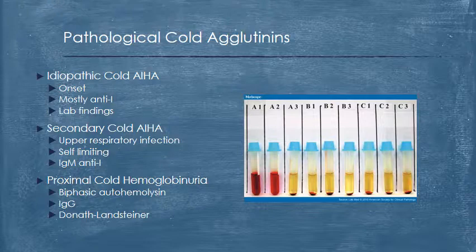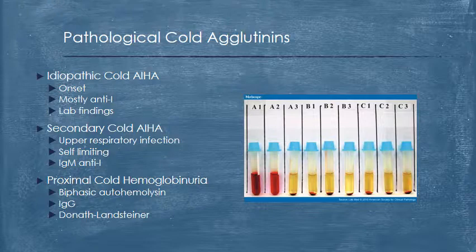I'm sorry, I'm being distracted here. You can see that the associations this patient is going to have with the anti-big I, what they're usually going to see is pretty much a seasonal demonstration of symptoms.